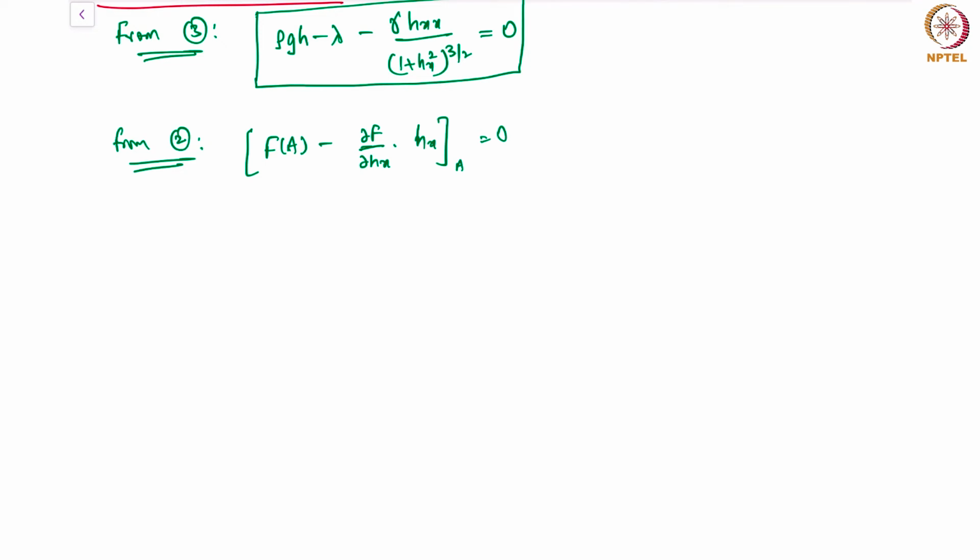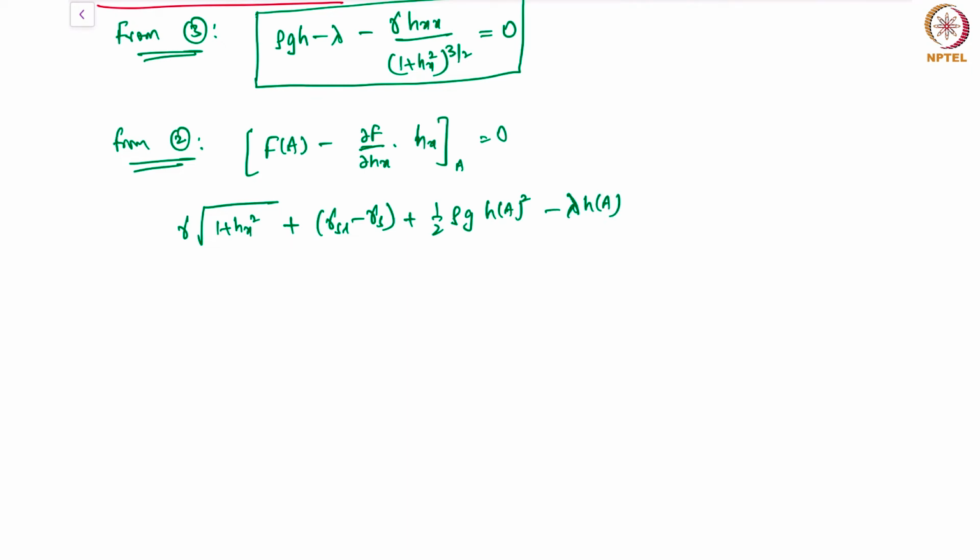So if you substitute this, what do I have here? Gamma square root of 1 plus hx square, plus half rho g h square, minus lambda h of a.